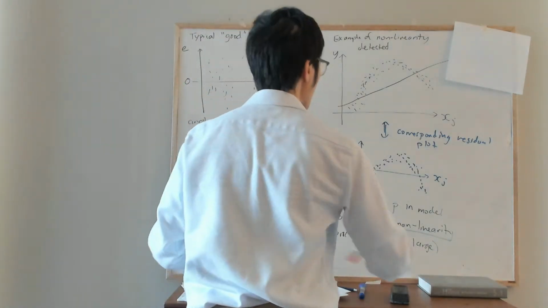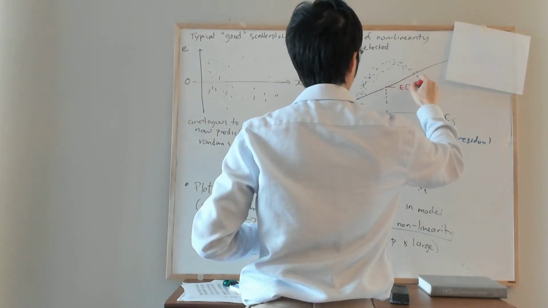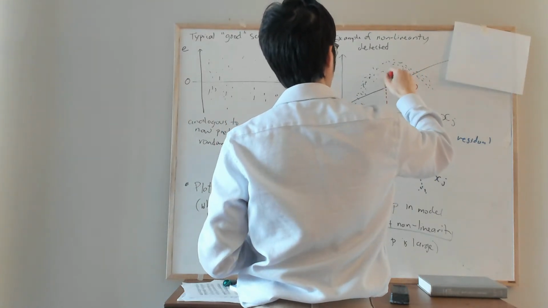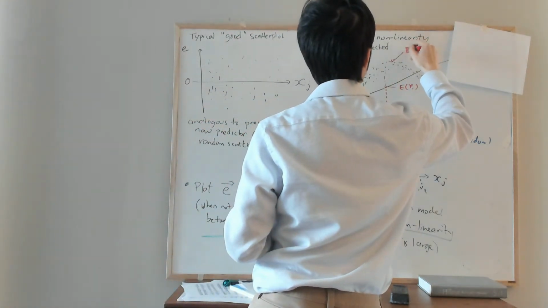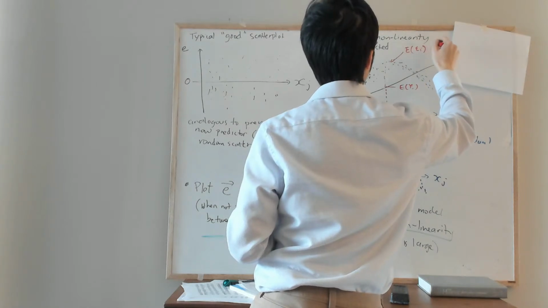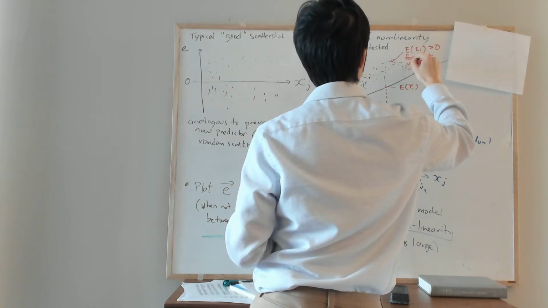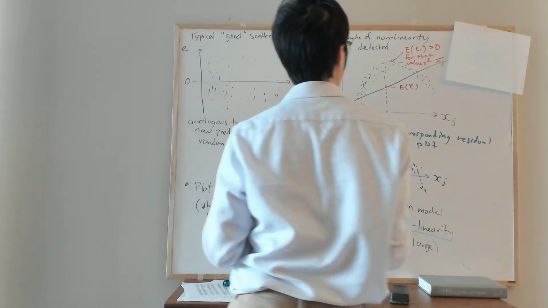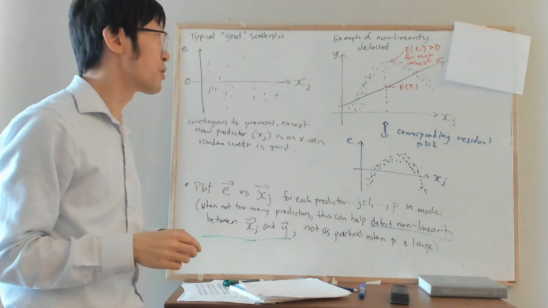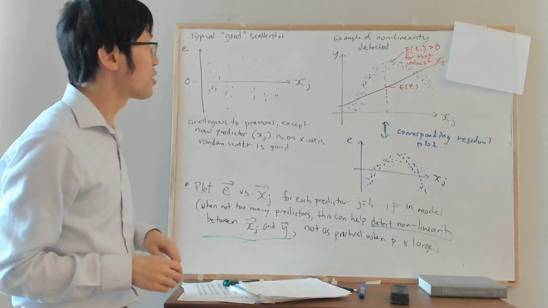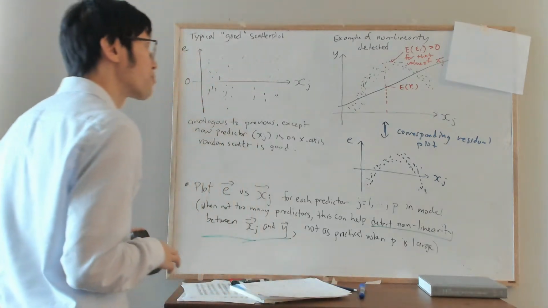So let's just make a note of that. Say here is the expectation of yi. Then this cloud of points shows us that the expectation of epsilon i is actually positive for that value of xj. That's how we know from this plot that we have a model assumption violation, in particular the assumption of linearity between x and y.